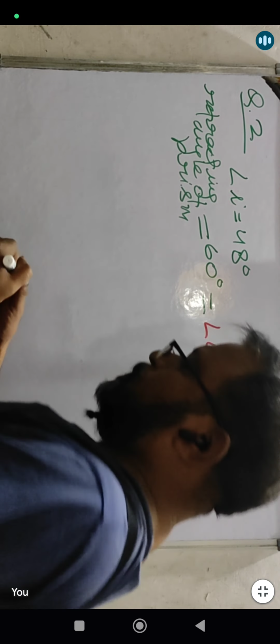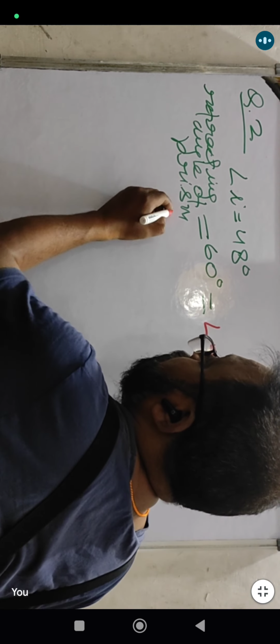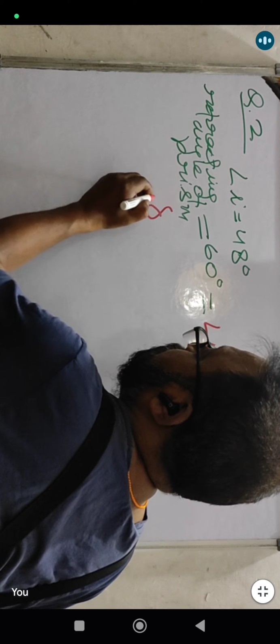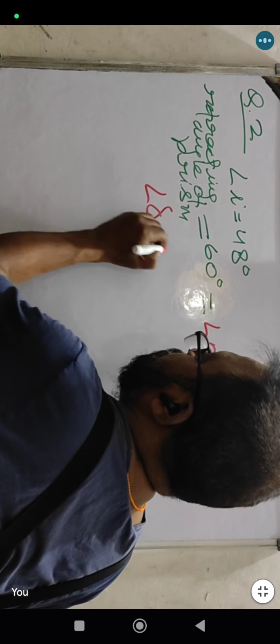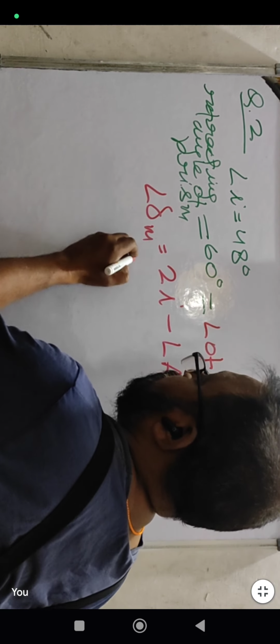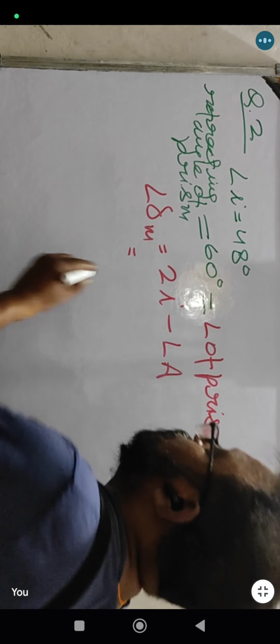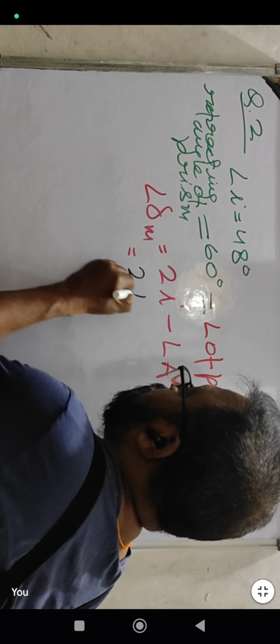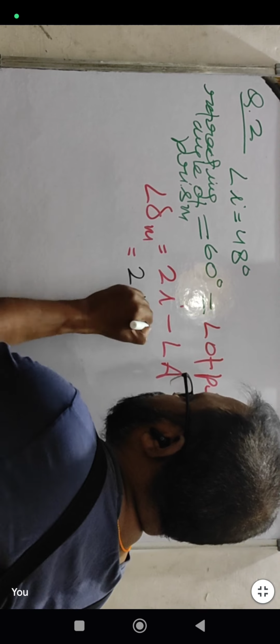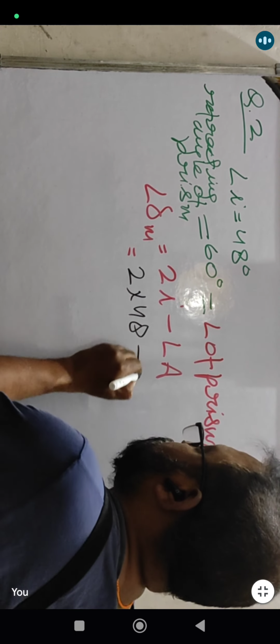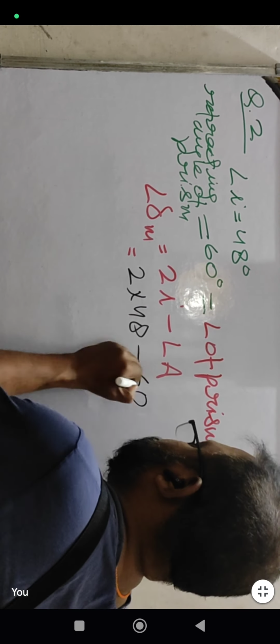So now we can write the angle of minimum deviation is 2 angle I minus angle A. So we get how much? That is 2 into 48 minus 60.